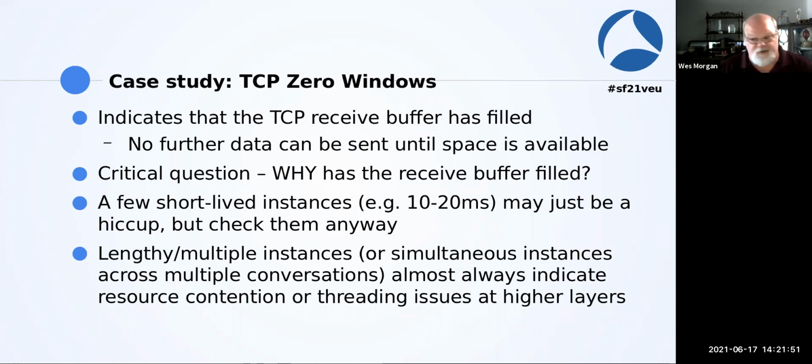It could be a semaphore block. It could be a threading issue. You may see issues where in a virtual environment, the whole VM is waiting for CPU and it can't process the data until it gets CPU cycles to do it. So this indicator can point you to any number of directions. So let's look at a few examples.